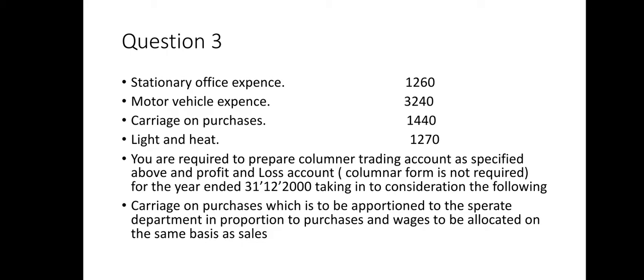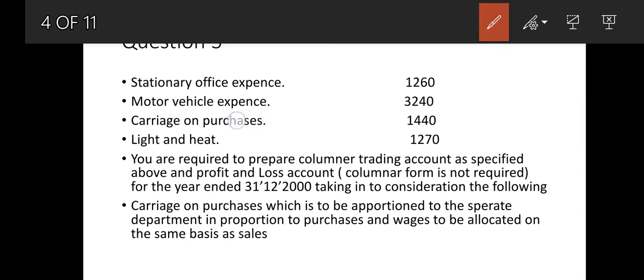What does this mean? It means that carriage on purchases, as you can see above in the question, is to be apportioned, meaning divided among separate departments in proportion to purchases, meaning according to the purchase proportion.